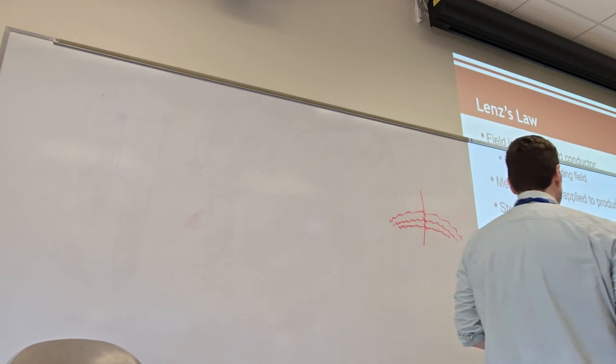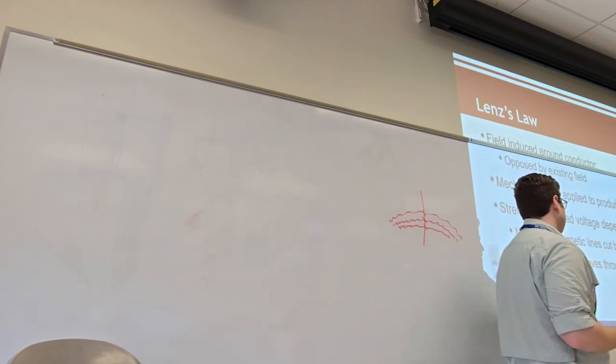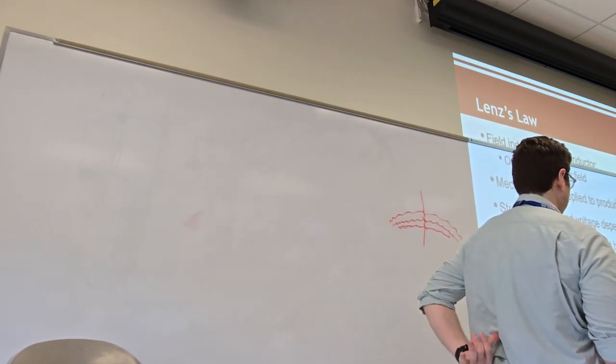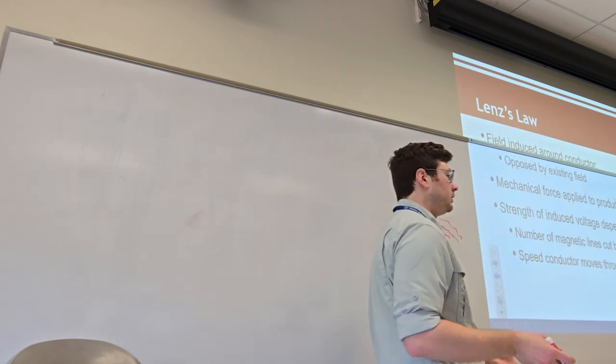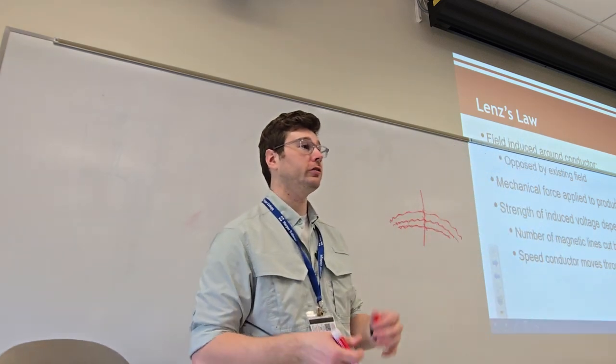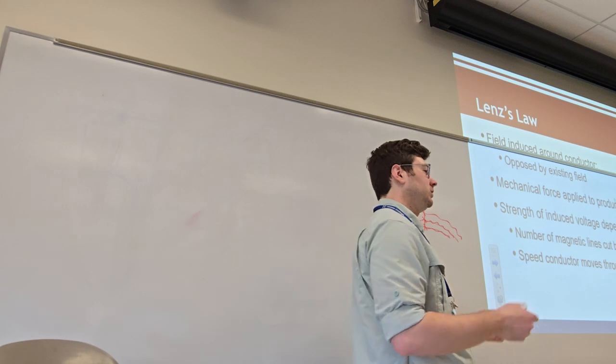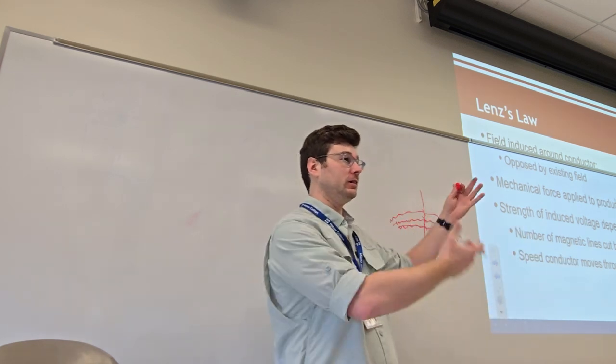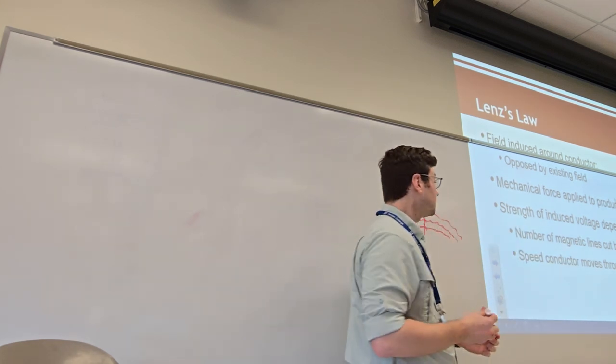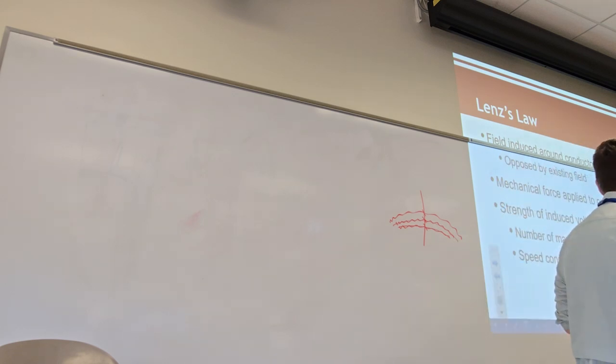The other thing is that the speed that the conductor moves through the field matters. We scale with speed. The faster our generator turns, the more power we get out of it. We say duh, but that's just kind of why, mathematically. Lenz's law.